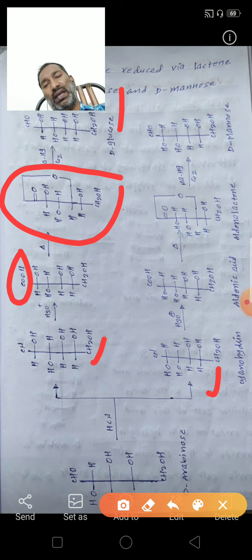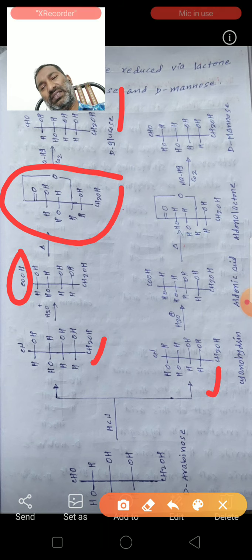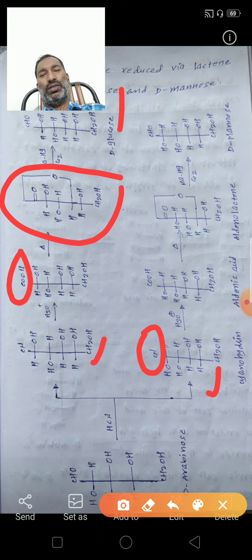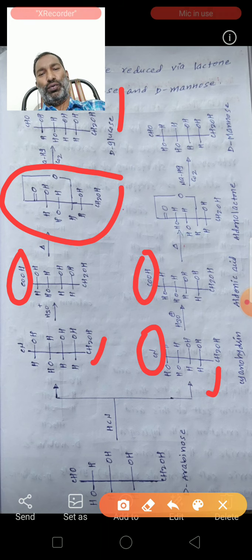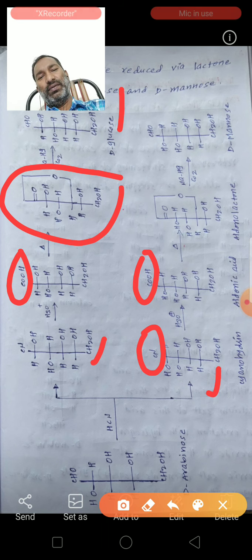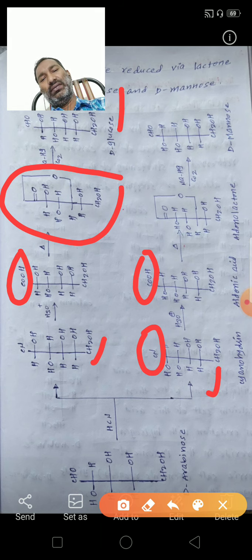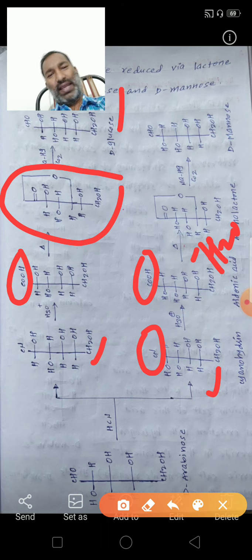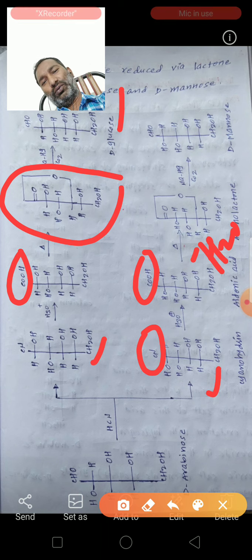On hydrolysis, the cyanide group converts into a COOH group. On heating, this aldonic acid, by removing a water molecule, will form a lactone.